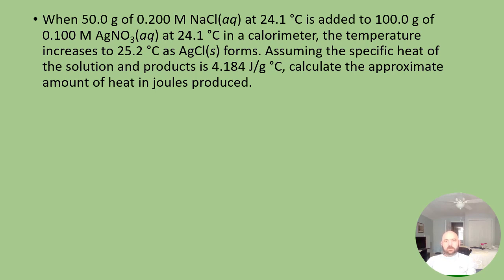Assume the specific heat of the solution and products is 4.184 joules per gram degree Celsius, the specific heat of water. Calculate the approximate amount of heat in joules produced.